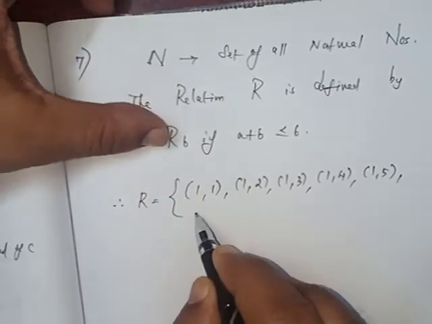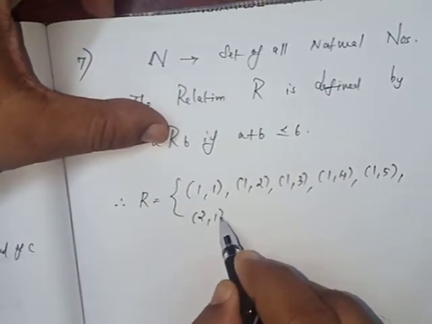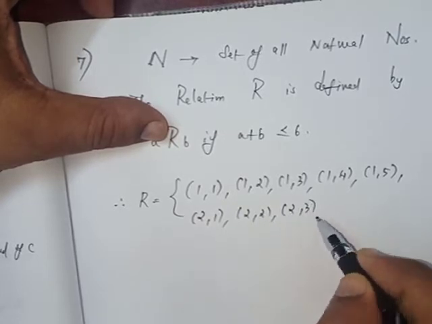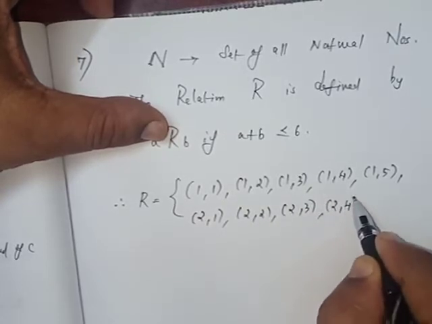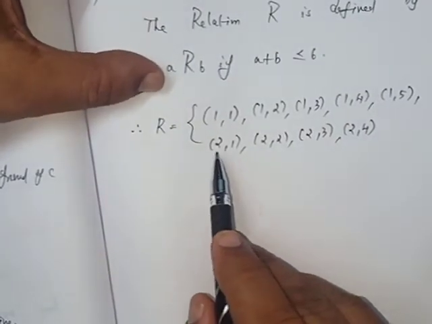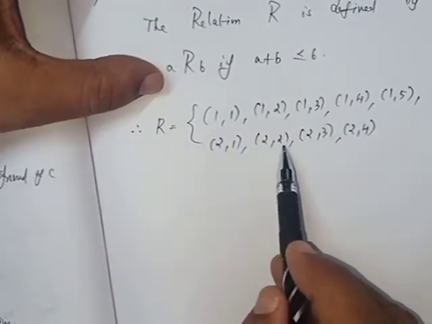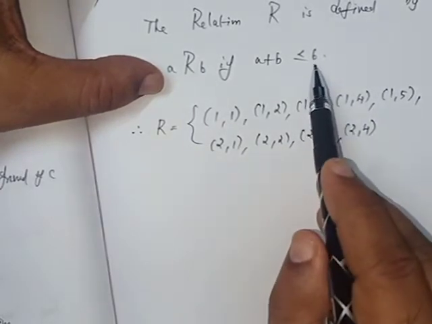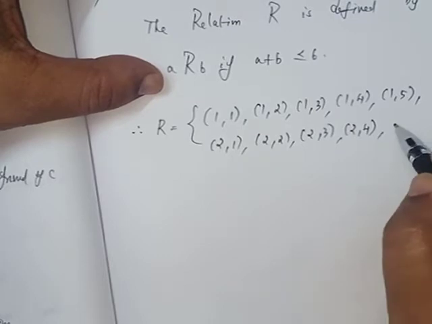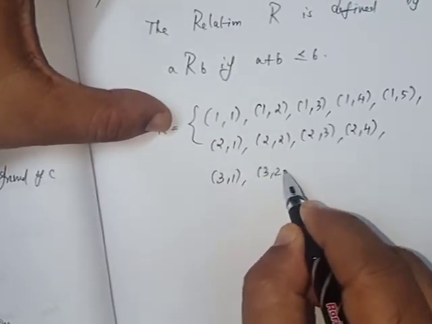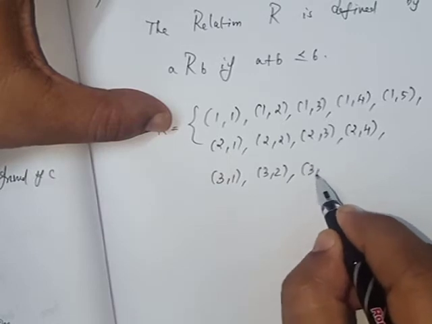Now I start with 2. 2 comma 1, 2 comma 2, 2 comma 3 and 2 comma 4. We can go up to 2 comma 4 because 2 plus 1 is equal to 3, less than 6; 4, less than 6; 5, less than 6; 2 plus 4 is 6, equal to 6. Now I start with 3. 3 comma 1, 3 comma 2, 3 comma 3.